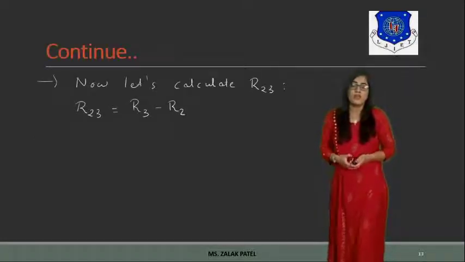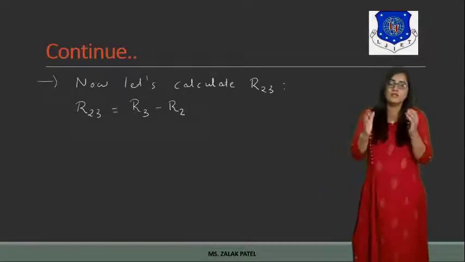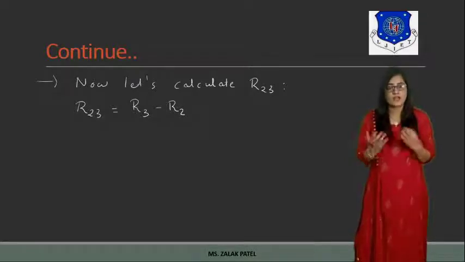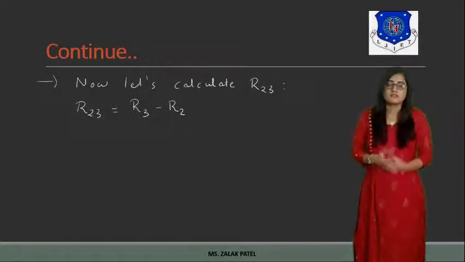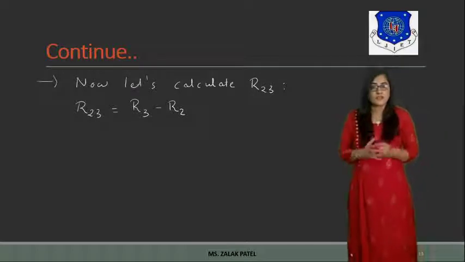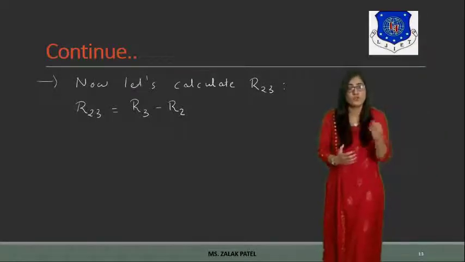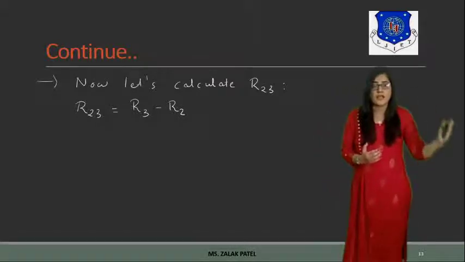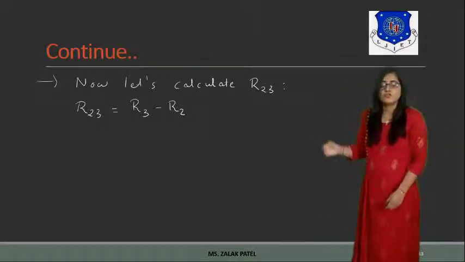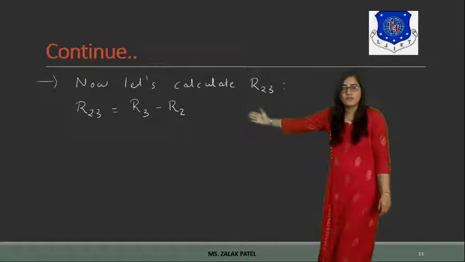Before calculating the individual force, let's first calculate the distance as well as the unit vector for the second case also. For the second case, we have to find the force on Q3 due to the second point charge Q2, so R23 will be calculated.